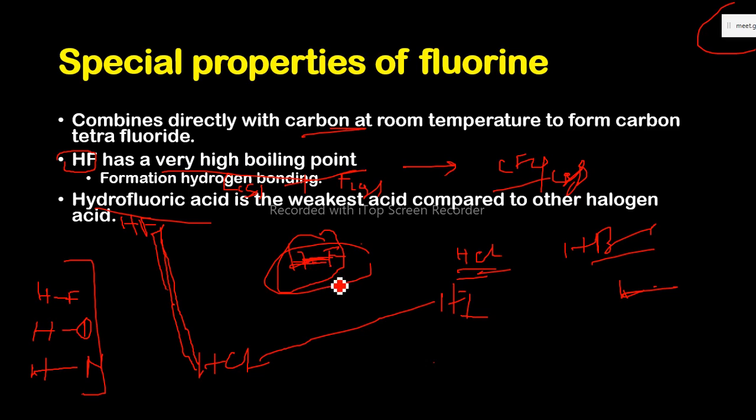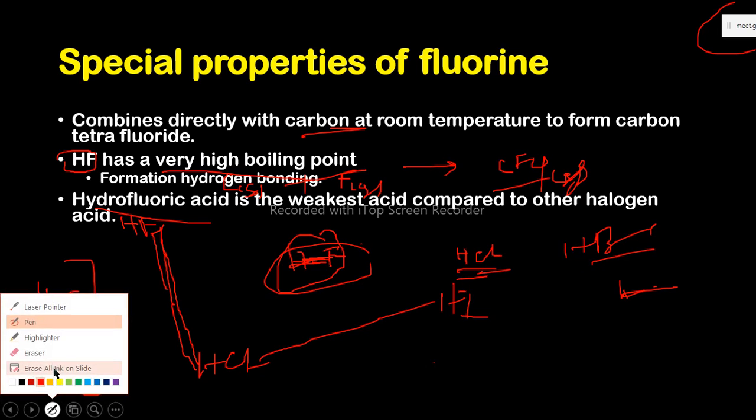In aqueous solution, it will release few hydrogen ions, and as a result, it becomes a weak acid. However, if you dilute it, you can increase the acidity of that solution, unlike the others.